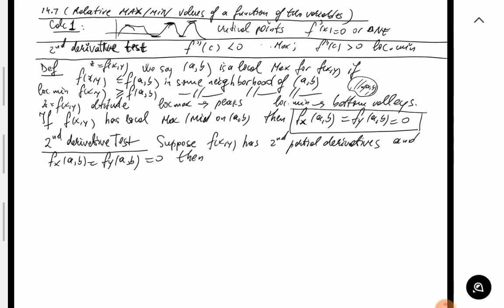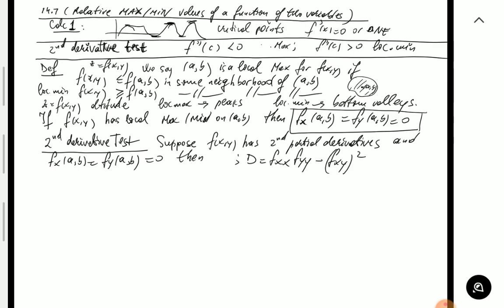Then the test itself basically states something in three cases. So there are essentially three possible results that the test will give you. First of all, we're going to need a quantity called the discriminant, denoted by D, which is partial x twice times partial y twice, minus partial xy to the power 2.